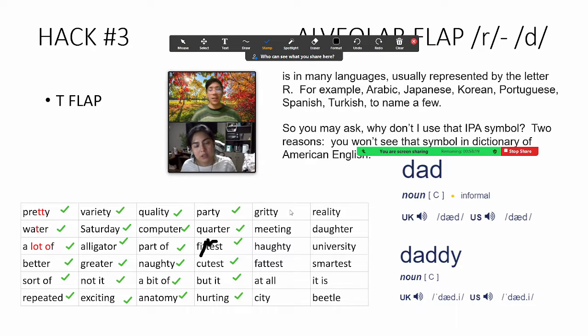Greedy. Meeting. Haughty. Fattest, because it comes from fat.